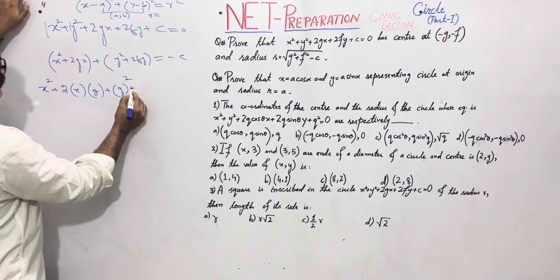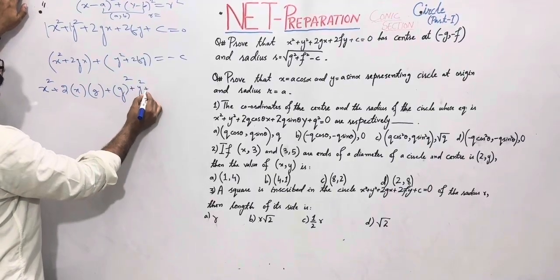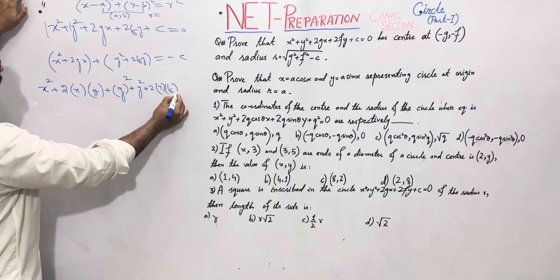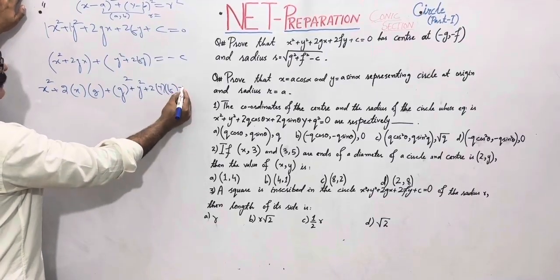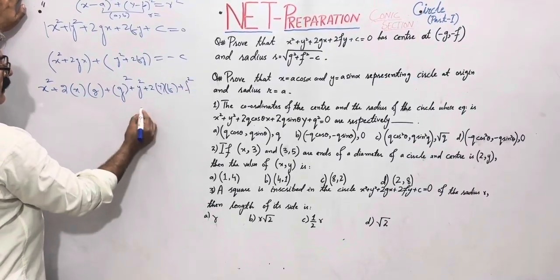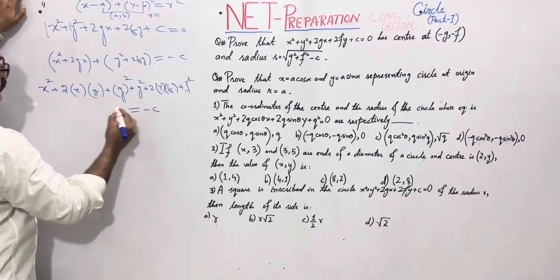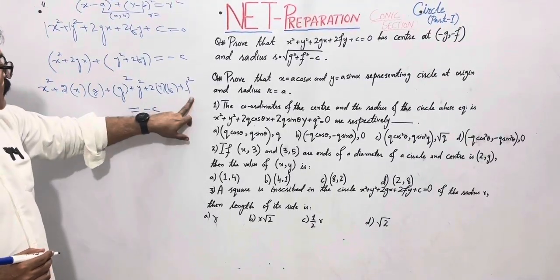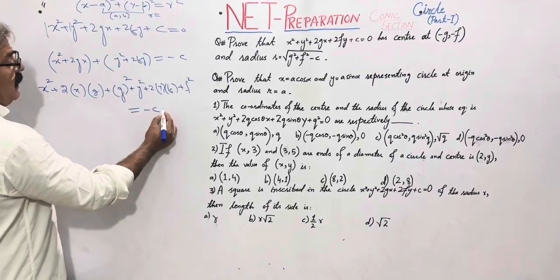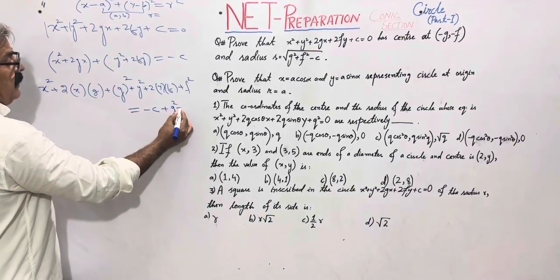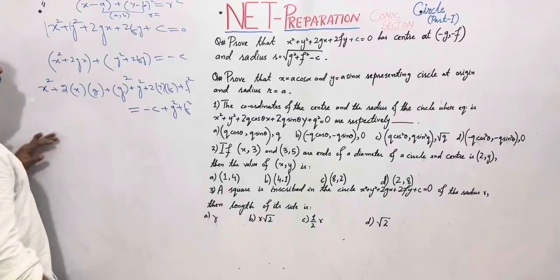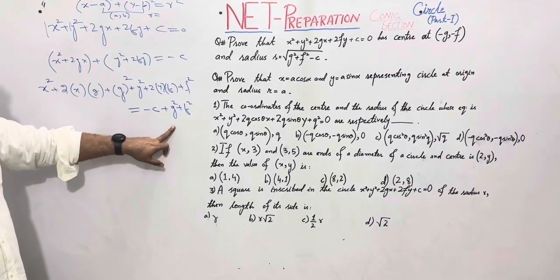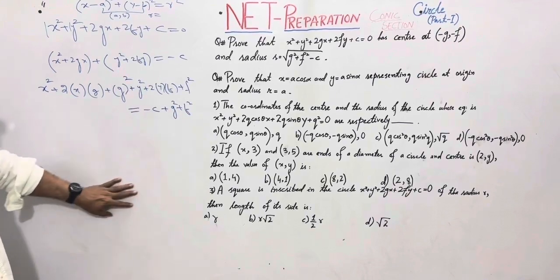Similarly, y square plus 2fy, there must be f square. So we have g square plus f square added to the equation, equal to negative c plus g square plus f square. We have added g square and f square on the left as well as on the right in order to balance this equation. G square has been added on both sides and f square has been added on both sides.